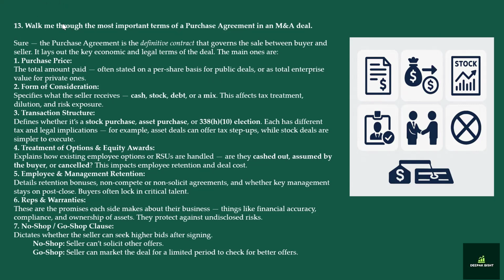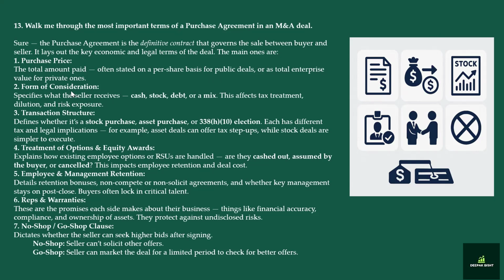or contingent payments. When we talk about the form of consideration, this defines how the buyer will pay the purchase price, meaning the currency of the deal. Typically it includes cash, stock or equity, debt or seller notes, or earnouts or contingent consideration, which means additional payment made if the target achieves specific future performance goals.